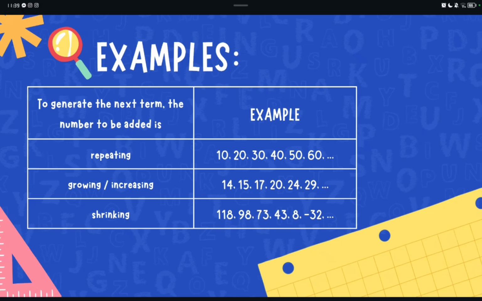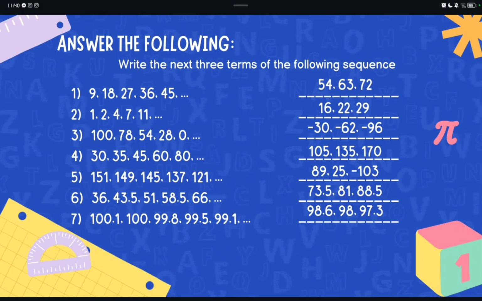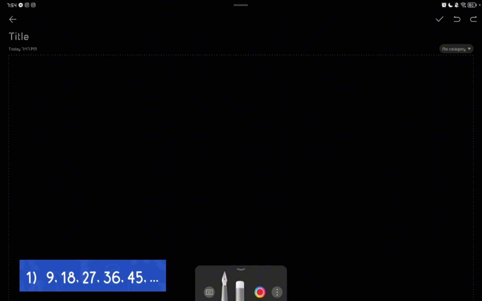Okay, before we answer the following, we will know how to determine the pattern. So now we will proceed to answering the following. The direction here is to write the next three terms of the following sequence.